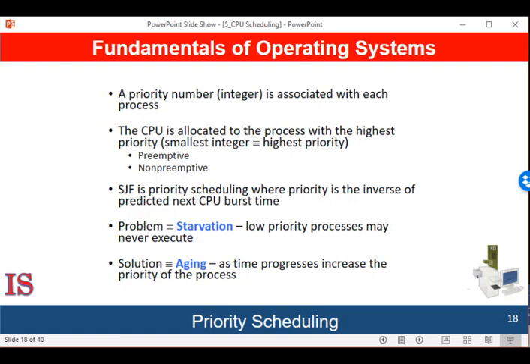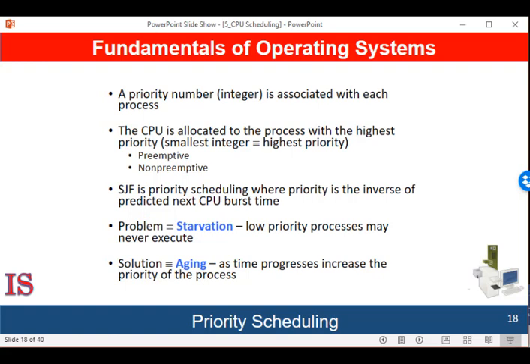A process that's ready to run but waiting for the CPU can be considered as blocked. A priority scheduling algorithm can leave some low priority processes waiting indefinitely. In a heavily loaded computer system, a steady stream of higher priority processes can prevent a low priority process from ever getting the CPU. Do you remember that example of shortest job next that I mentioned earlier?